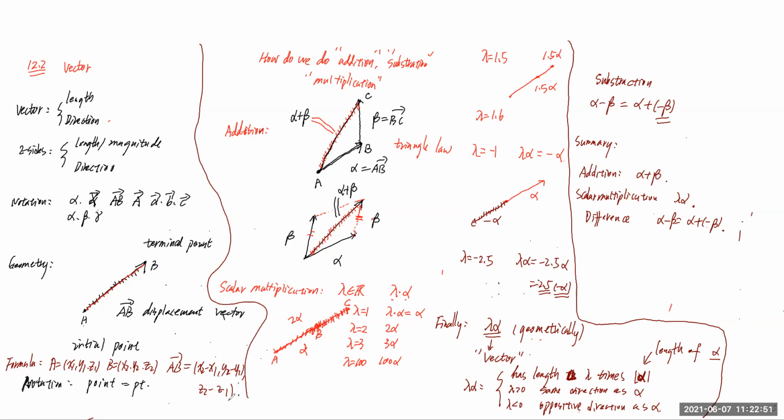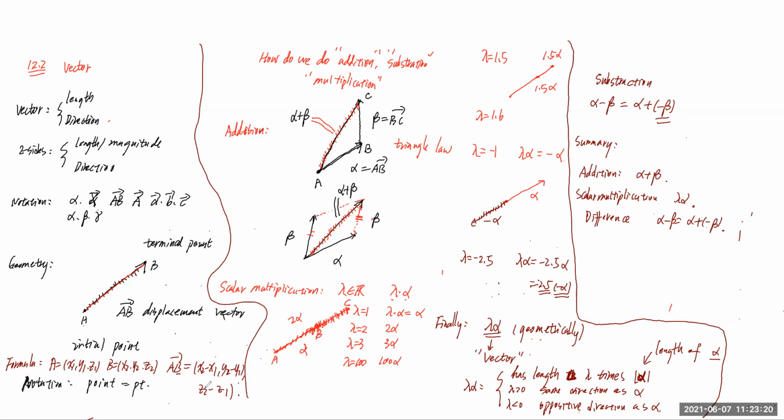So for any two points, we automatically have the corresponding displacement vector. How do we compute it? You subtract the initial point from the terminal point, component by component.